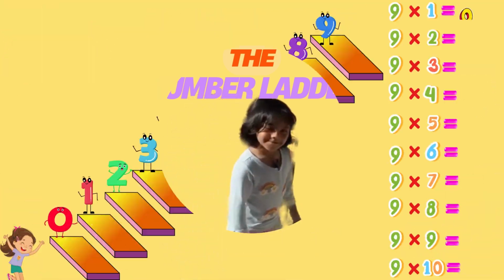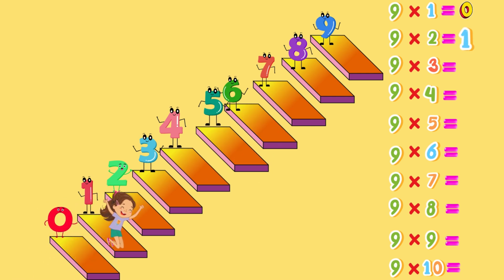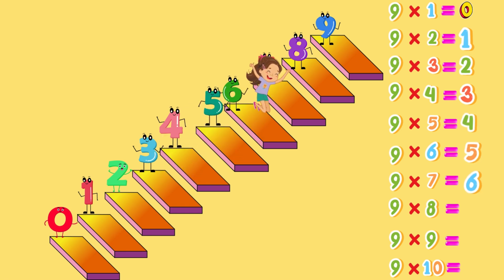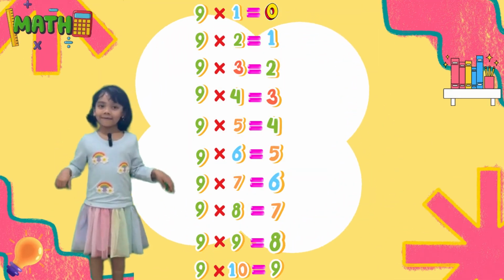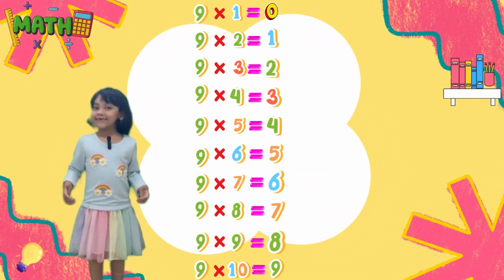So 0, 1, 2, 3, 4, 5, 6, 7, 8, 9. So that was very easy for you. So this gives us the tens digits.